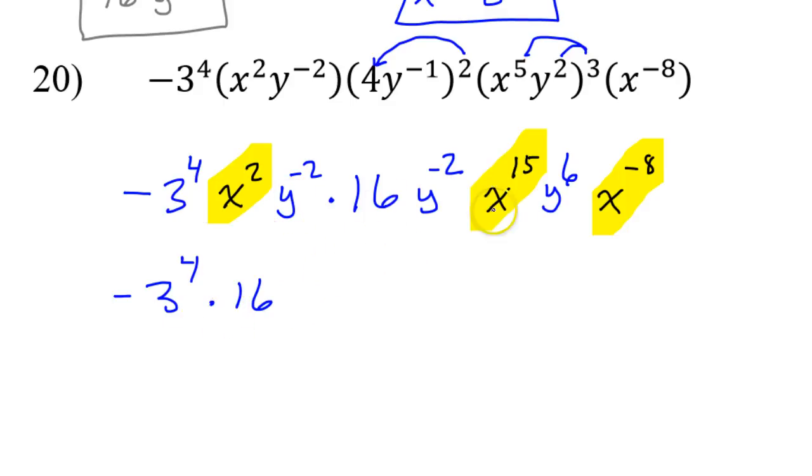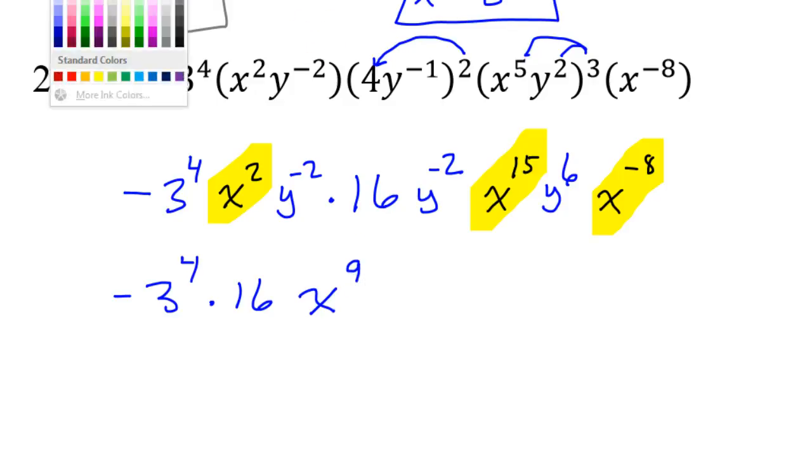But anyway, the variable. So with these x's, I'm adding all of these now. I've got 2 plus 15, that is 17. And then I've got minus 8. So 17 minus 8 is 9. So that's going to give me x to the 9th power.